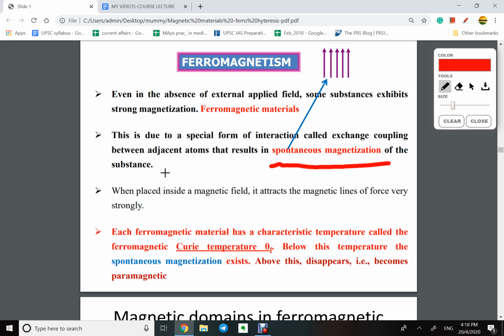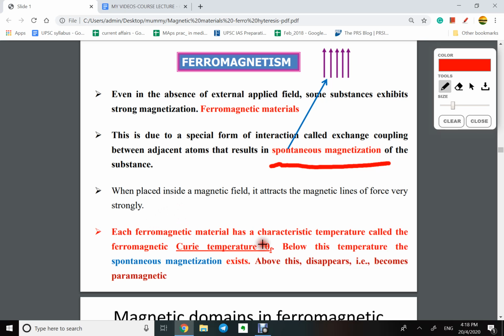All the spins align themselves in the same direction, so magnetization is very high. When placed inside a magnetic field, it attracts magnetic lines of force very strongly. Even if you apply a very low magnetic field, magnetization is very high in ferromagnetic materials.